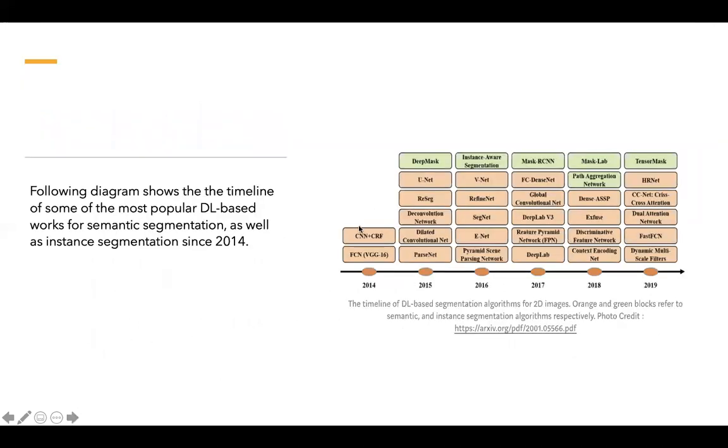Then we have this diagram which shows the most popular DL based works for semantic image segmentation as well as instance segmentation, starting from 2014 till 2019.